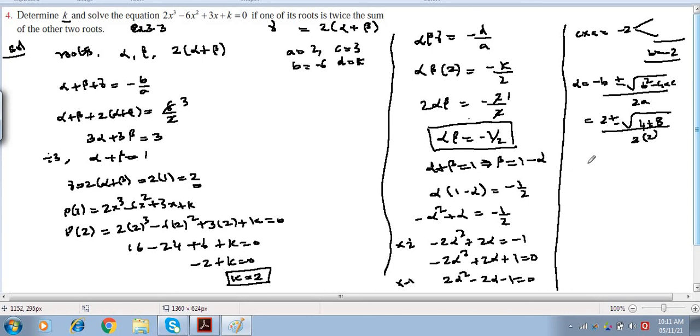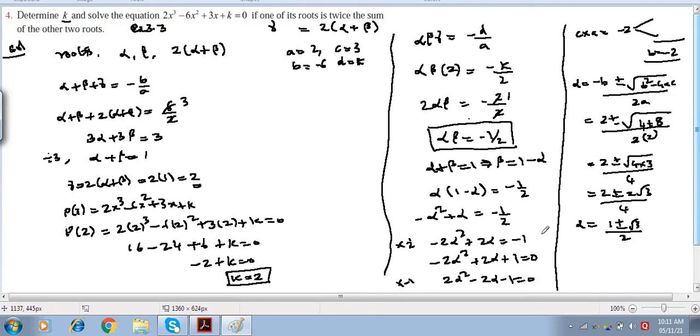So 2 plus or minus square root of 4 plus 8, 12. 12 we can write as 4 into 3, by 2 2s are 4. Finally we got 2 plus or minus 2 root 3 by 4. Each one divided by 2, what you get? 1 plus or minus root 3 by 2. This is alpha.